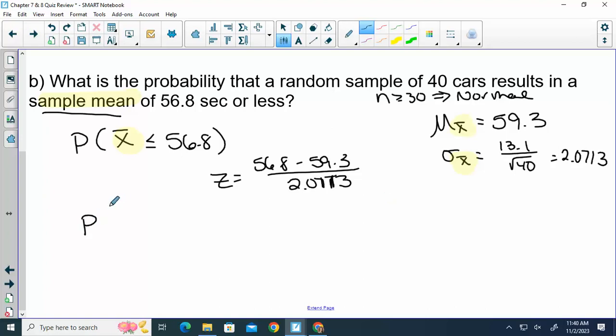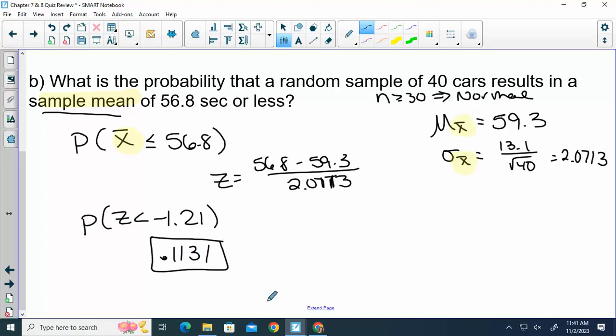So we need to find the probability that Z is less than negative 1.21. How do we do less than? Just the number from the table, so negative 1.21 is 0.1131. Is that okay?